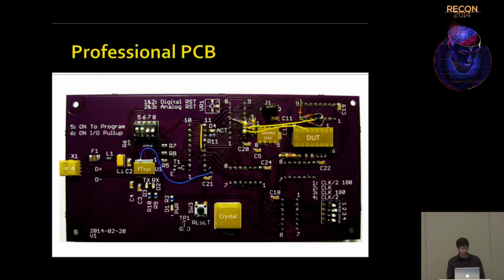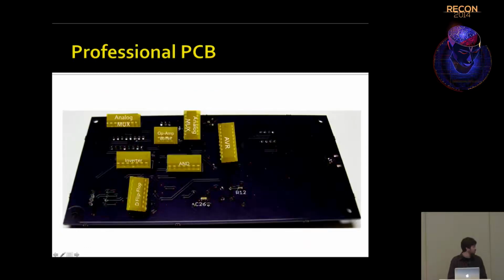The FT232 runs in synchronous bit bang mode, which I found in the datasheet, and that allows me to bit bang the SPI pins so that I can in-circuit program the AVR. That's an ATtiny. I just grabbed an ATtiny2313 that I had off the shelf from like 10 years ago. Other than that, the rest of the hardware is fairly similar.